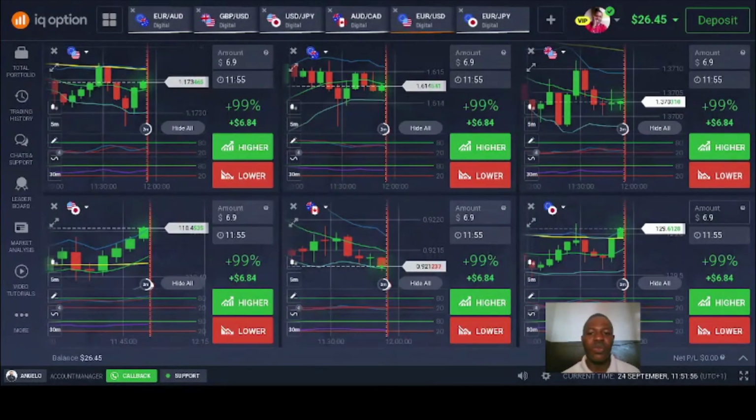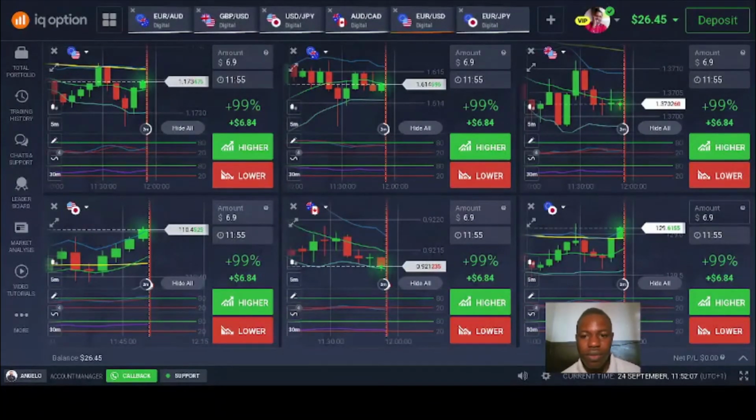By so doing, you end up losing more trades and maybe wiping out your account. You try to push the market, you try to recover so fast. You don't force the market. You trade by the rules.